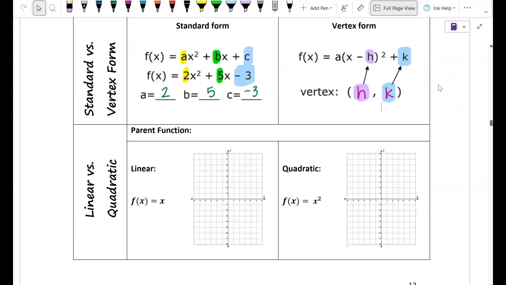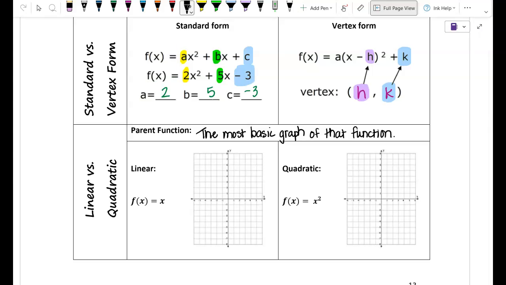All right, the idea of the parent function. The parent function is the most basic graph of that function. Now, there is a parent function for a linear graph.